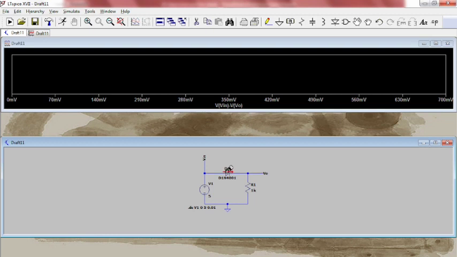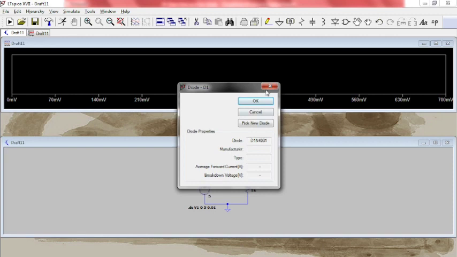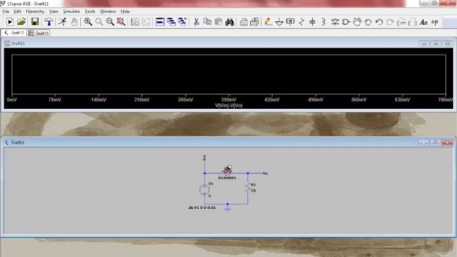This arrow mark shows the flow of current through diode D1. Just left click on that.